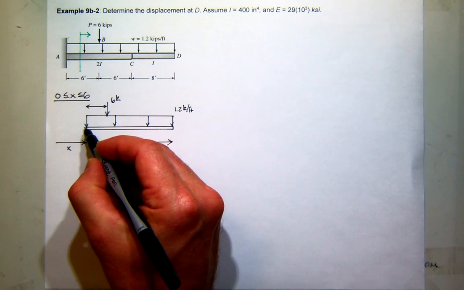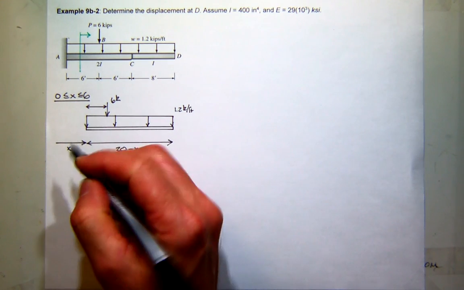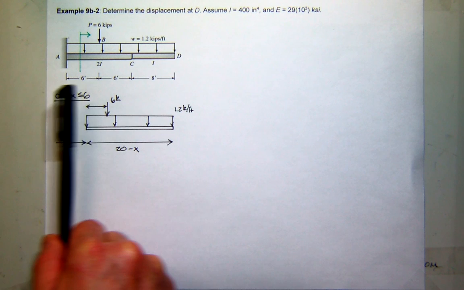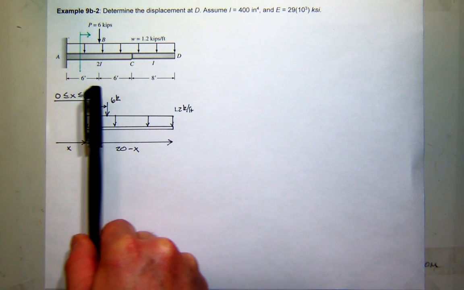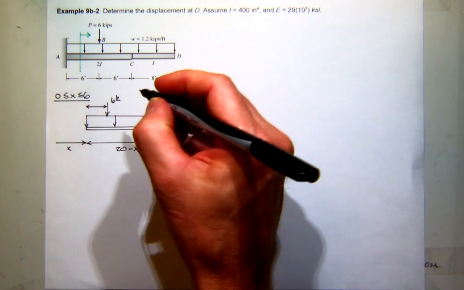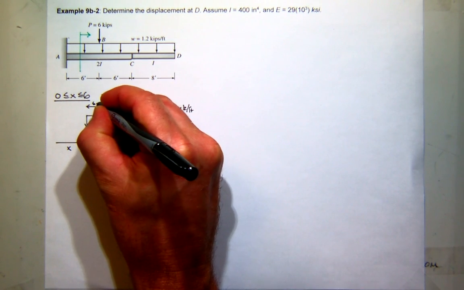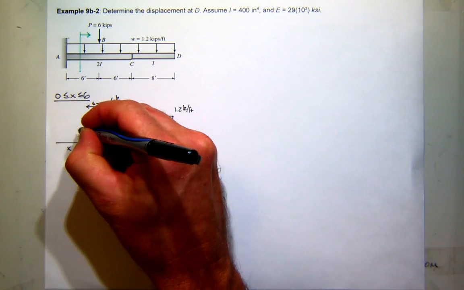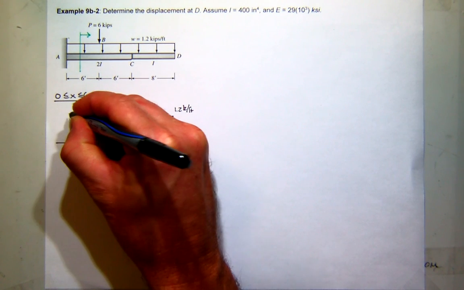This little distance here from the cut to the force. Remember, the cut is the part that's moving, the force is not. So at x equals 6, it should be 0. So this should be 6 minus x. See that? So that is the challenge of this particular way to go. And then, of course, we have our internal bending moment.